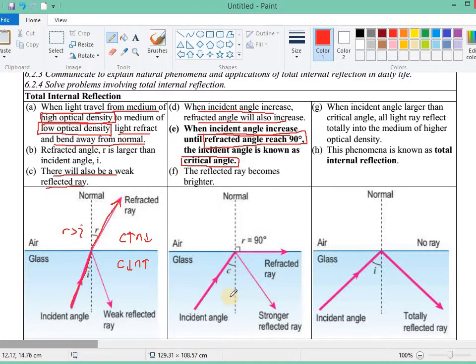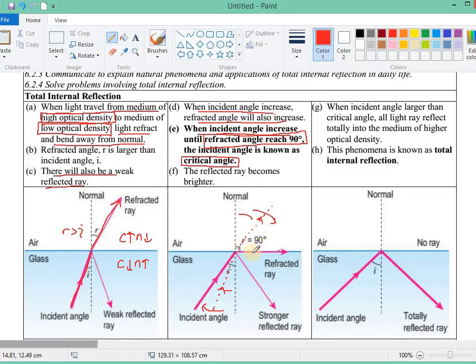This incident ray just now is here, and the refracted ray is here. But because this refracted angle is bigger than the incident angle, when the incident angle increases, the refracted angle will increase faster and reach 90 degrees first.